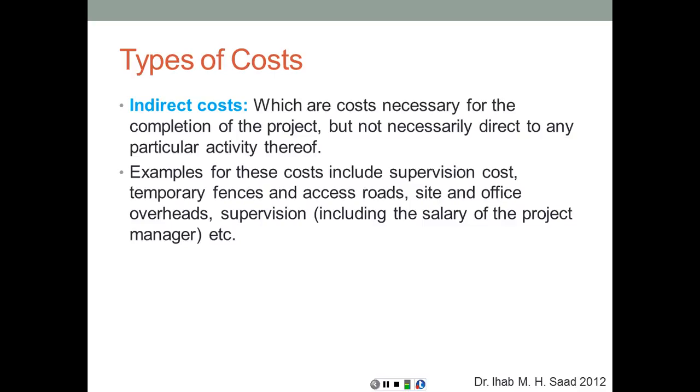Same thing for a project manager. The project manager himself or herself, since they do not do any physical work, their job is to manage the project. You cannot pinpoint any specific activity and say they did this on this activity or they did that on the other activity, but you're going to consider their salary and their expenses as indirect cost that is still needed for the project.